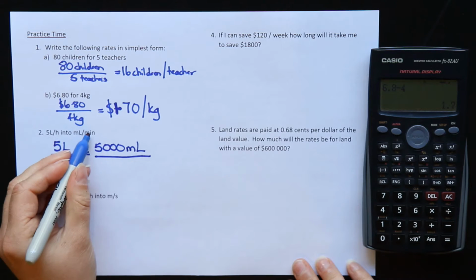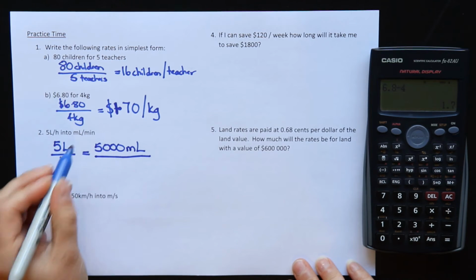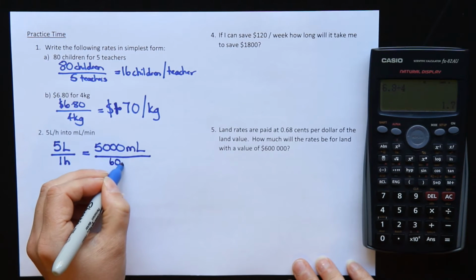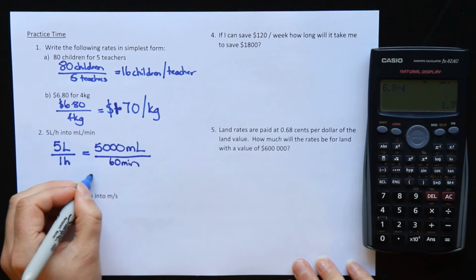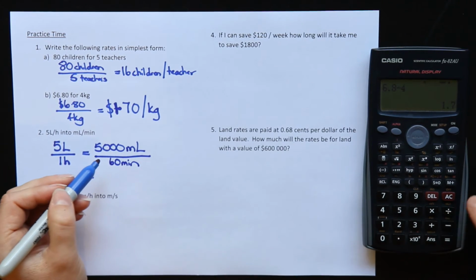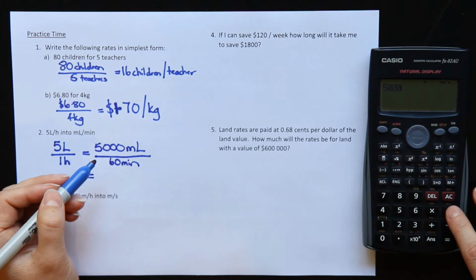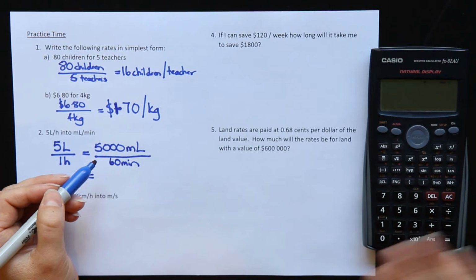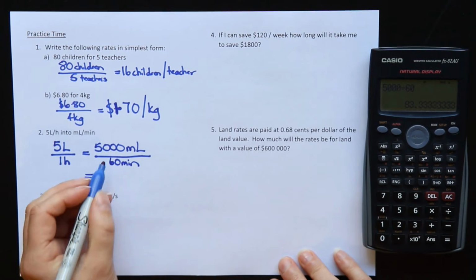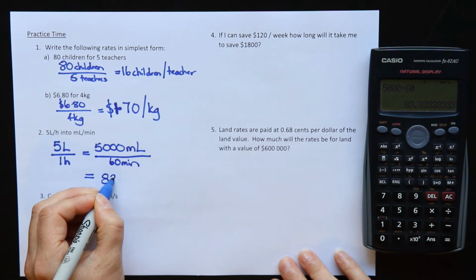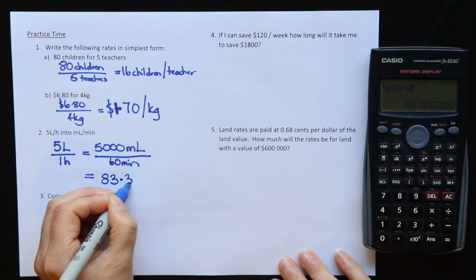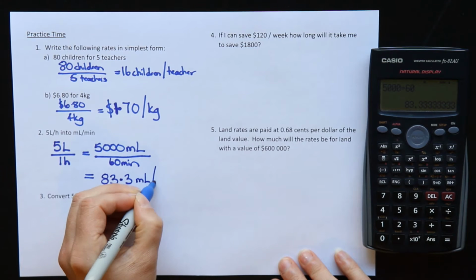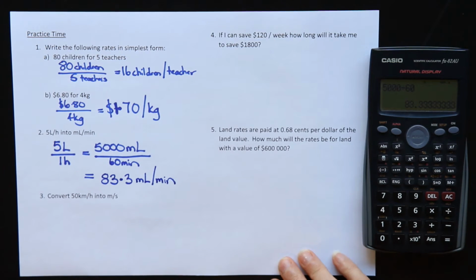And 1 hour we want to change to minutes. There is 60 minutes in an hour. Okay, so if we divide those numbers, 5,000 divided by 60 gives us a decimal. We'll do 1 decimal place: 83.3 millilitres per minute.